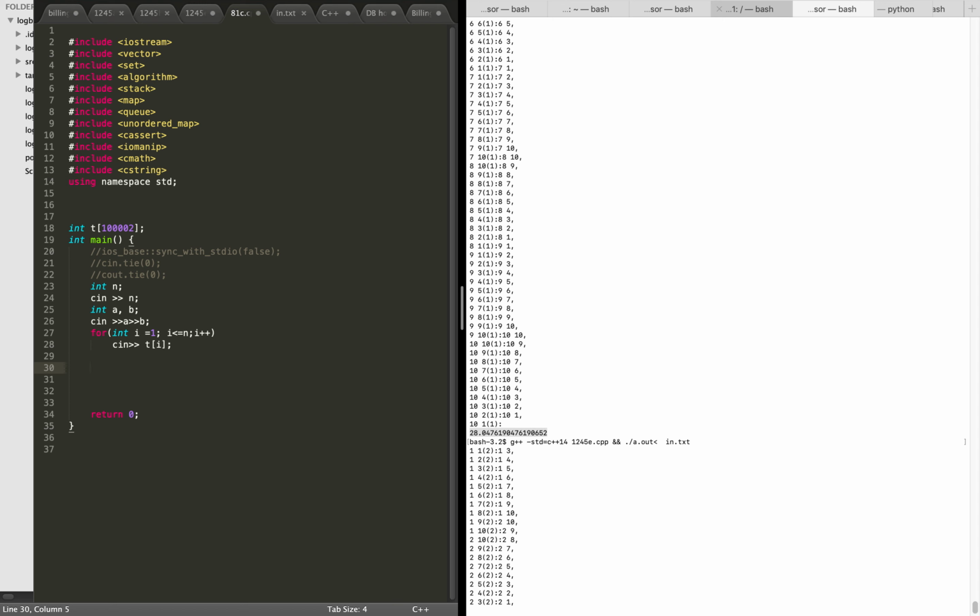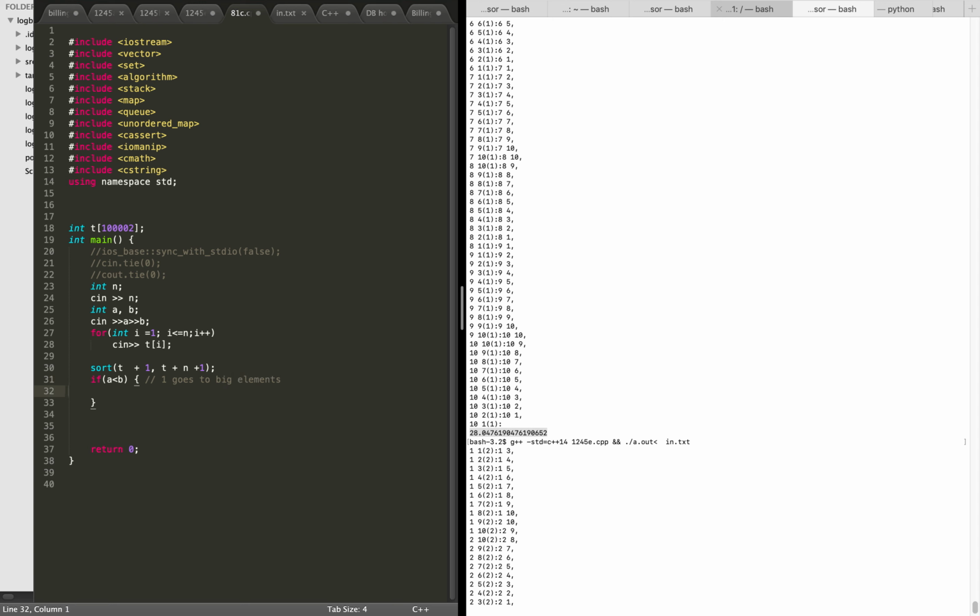Okay, now let's solve for a. If a is less than b, then that means we should be picking the higher values. Let's sort this t. After sorting this t, 1 goes to the bigger elements.